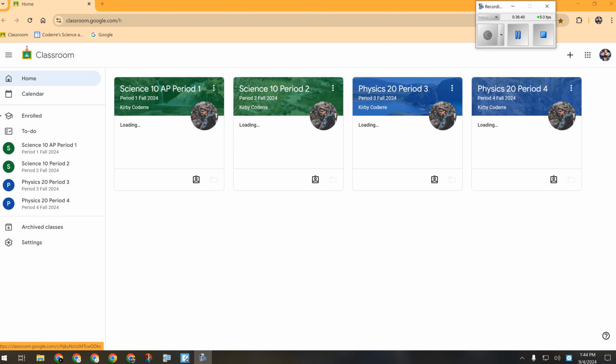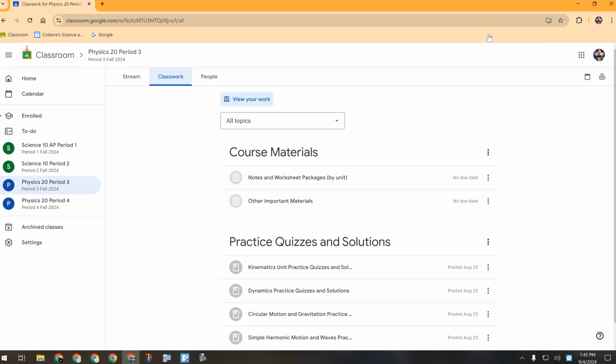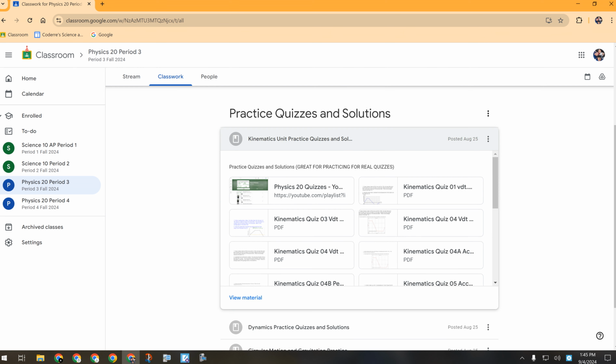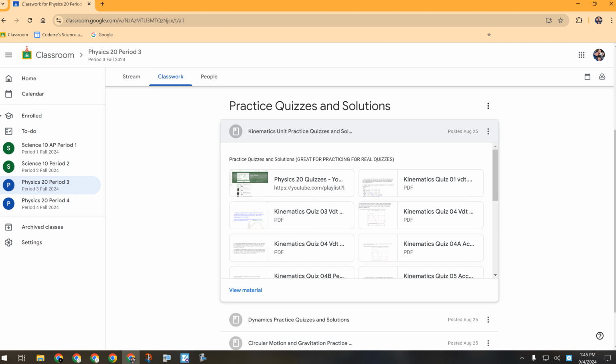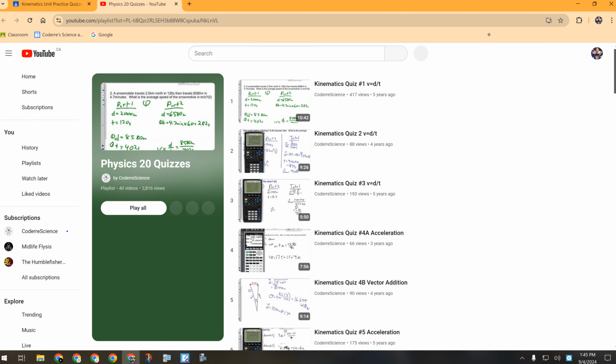Those practice quizzes, if you go into the class and then go into class work, they are right here, practice quizzes and solutions, go to Kinematics, and you will see all those quizzes in there. If you go to view material, quiz 7A is here, quiz 8 is there, and if you click on this right here, that will take you to the YouTube playlist that has the solutions videos.